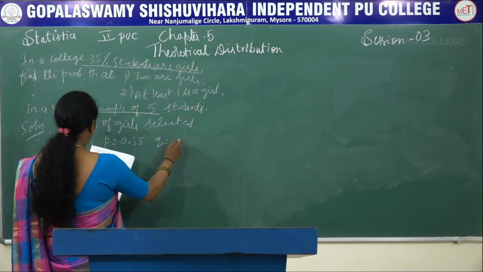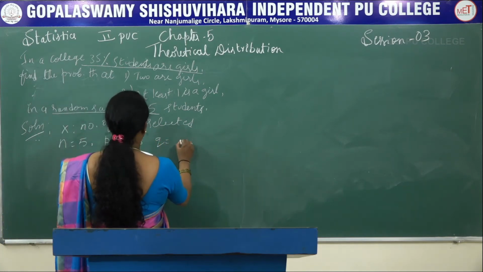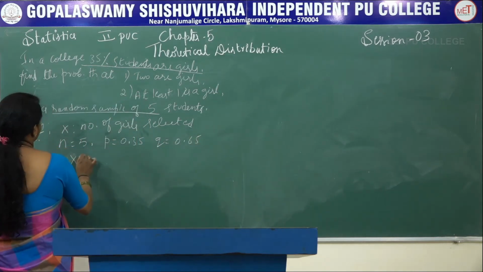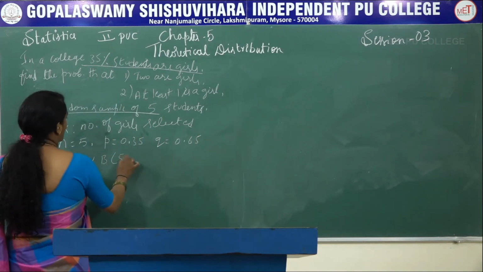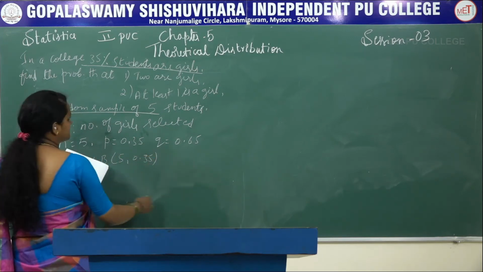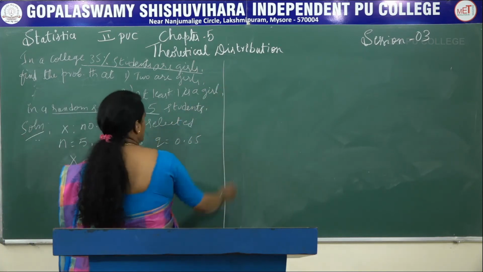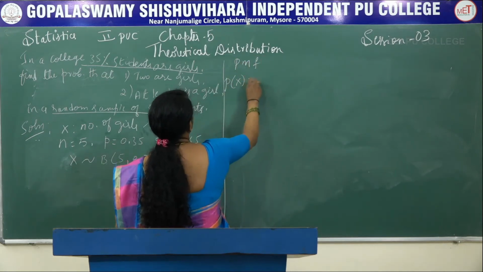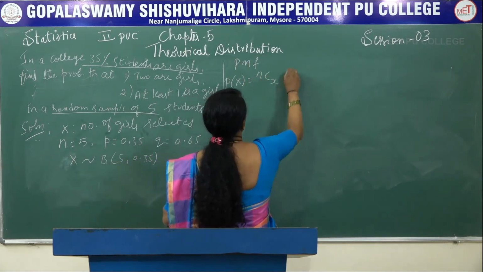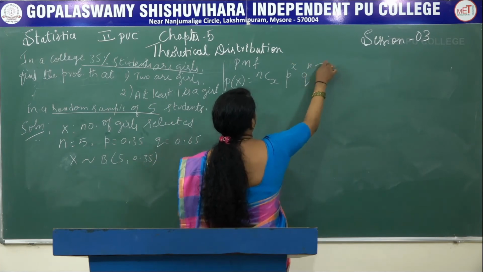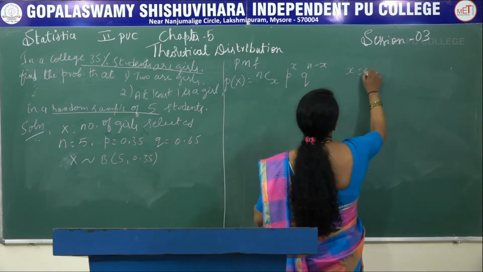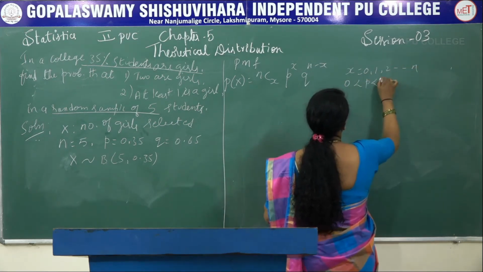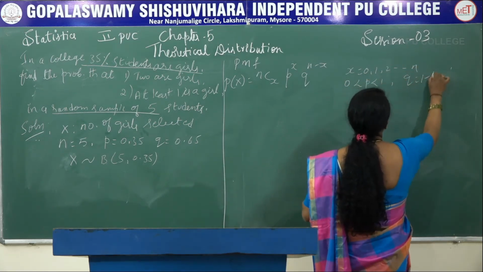Q is equal to, directly I am writing the Q value, it is 0.65, so that X follows binomial distribution with 5, 0.35. Next, write down the PMF. P of x equals nCx, p power x, q power n minus x, x equals 0, 1, 2, etc., n, 0 less than p less than 1, q is 1 minus p.